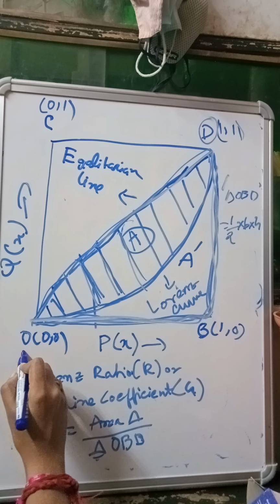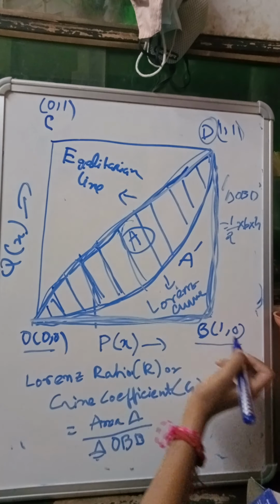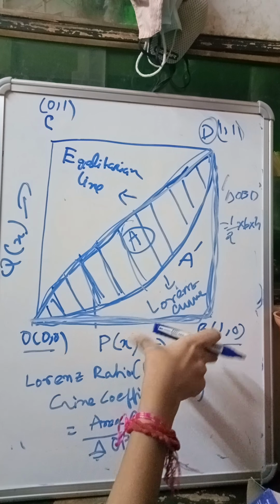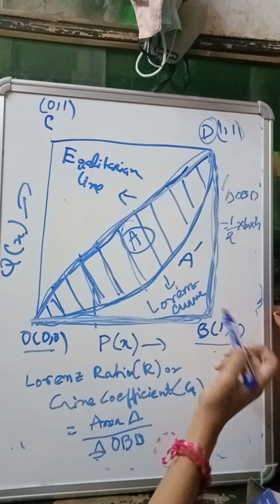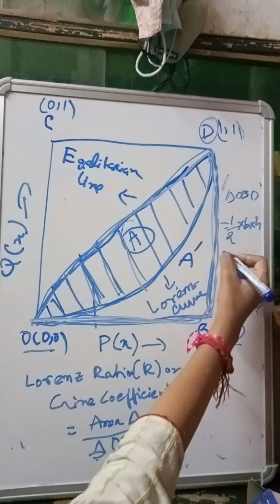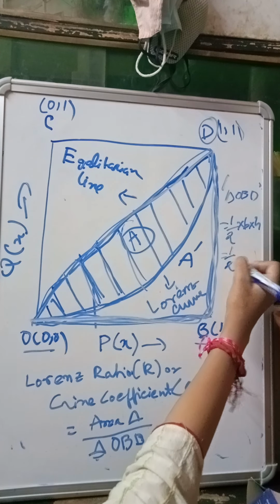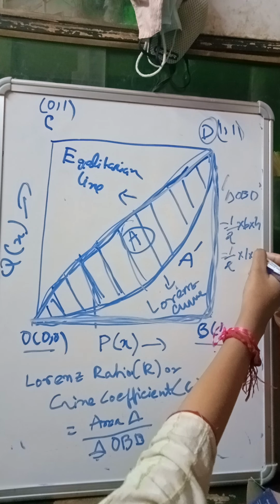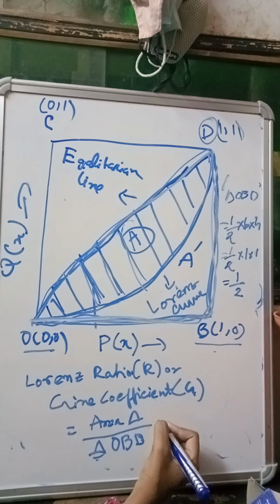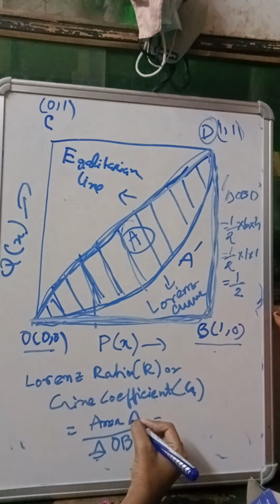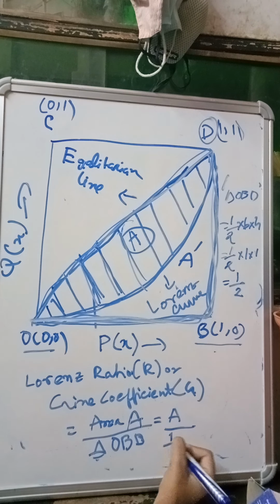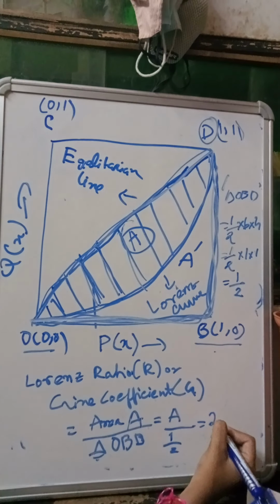If you calculate the distance between (0,0) and (1,0) with the distance formula, we get 1. Again, from BD we get 1. So our base is 1 and height is 1, so half into 1 into 1 gives us half. So the area of triangle OBD is half, and the ratio becomes A by half, which ultimately is 2A.